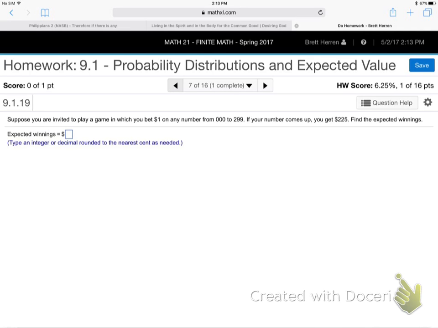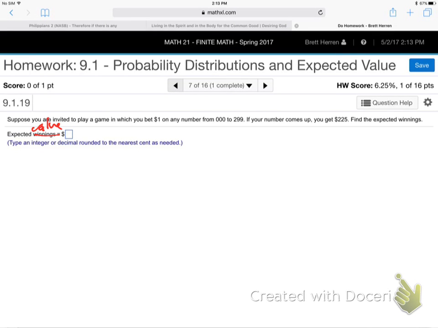They say expected winnings, I don't know why they're saying it that way, just expected value, whatever you want to call it. They want the final expected thing.